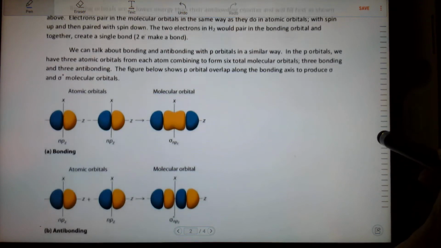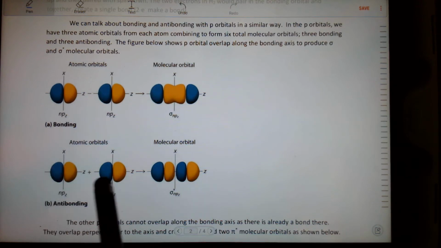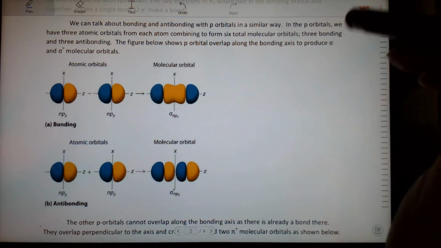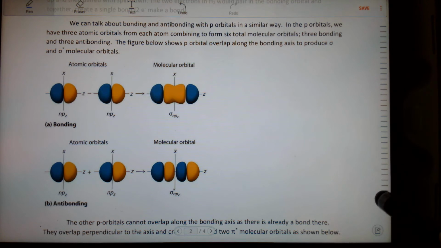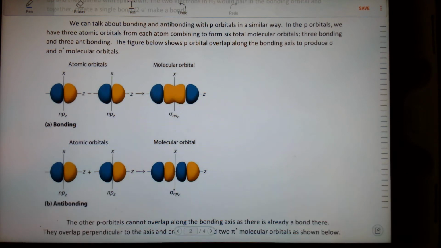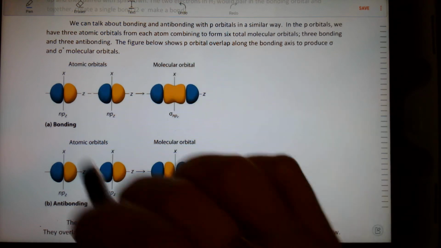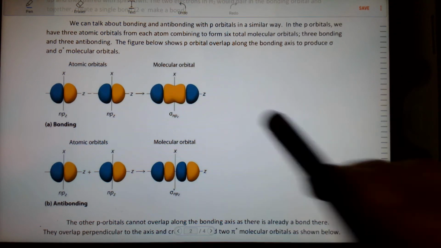So let's look at a P. All right, so P orbitals, if you recall, they're going to give us a couple scenarios here. So we'll start with sigma, and then we'll move on to pi. From P, we can get sigma overlap, and we can get pi.